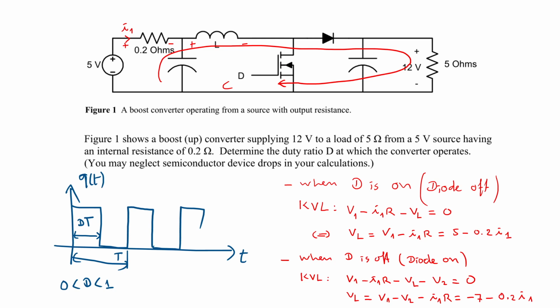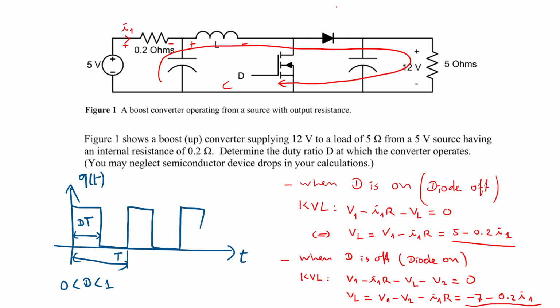So from here we can use the property of zero average voltage of VL. We need to remember this and this, 5 and minus 7. Maybe I write it up here.